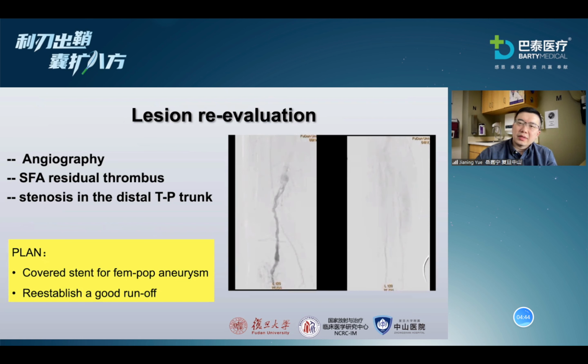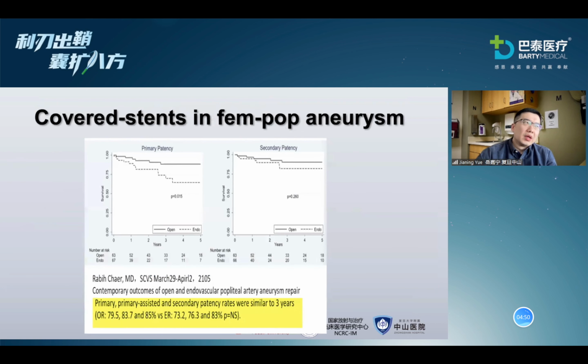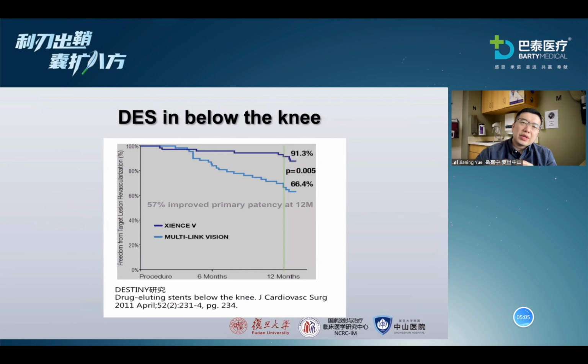For Viabond, it's not really good for anchoring because there's a risk at the margin. We are very confident with the covered stent, because the evidence shows that for FemPop aneurysm, covered stents have very good results. It is comparable to surgery.